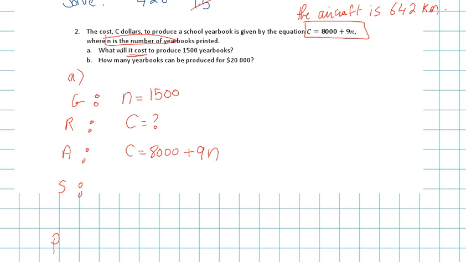Something given. So what's my given? Given is 9 and 1,500. I'm gonna replace n with 1,500 because that's what's given to me. So C equals 8,000 plus 9 times 1,500.